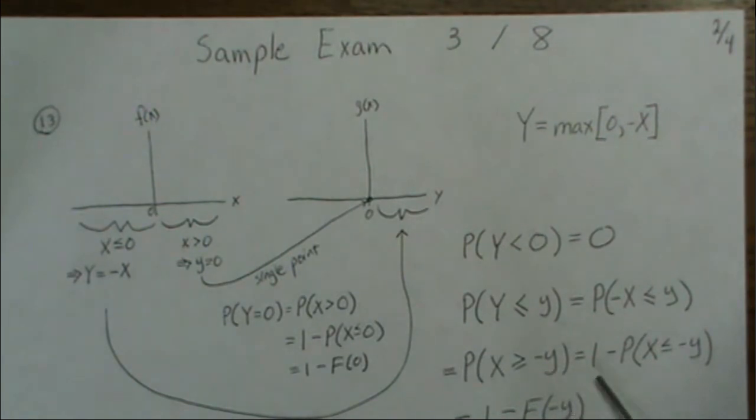And then this is the same as the probability that X is greater than or equal to minus y. Now this equal sign, I can keep because X is continuous, so the probability of a single event is 0. So that really doesn't play a part. And then this right here is just 1 minus F of minus y. So the answer is E.